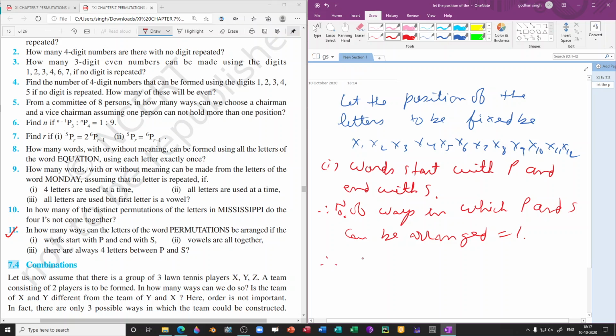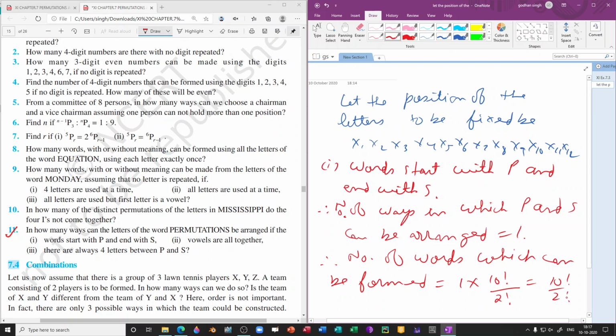Therefore, number of words which can be formed is equal to 1 into, in between there are 10 positions that can fill up in 10 factorial ways, divided by, because T is coming 2 times, 2 factorial. So final answer will be 10 factorial over 2 factorial, and we can simplify it.